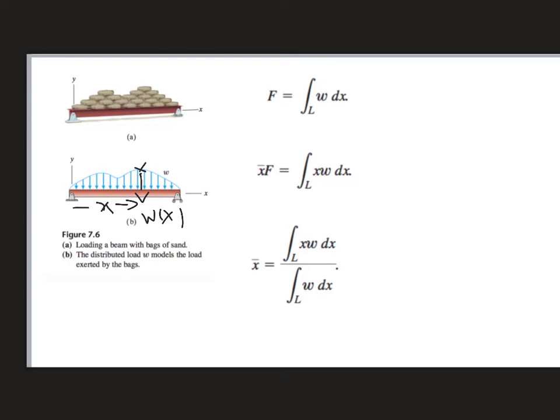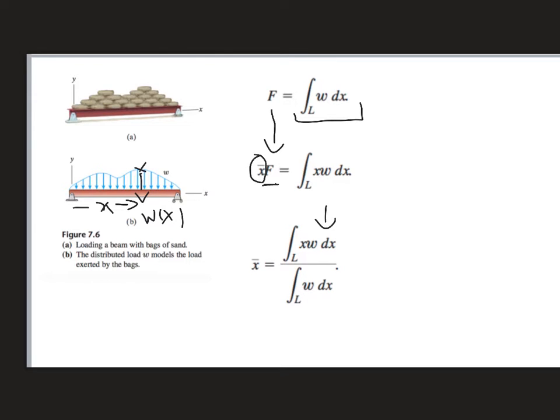That distance x bar times F has to give you the same value as the integral that we just calculated for the total moment of all the sandbags. And so we know that this F here is equal to this integral of w dx. So if I plug that in for that F and then solve for x bar, I end up with this expression down below. And that's an expression for x bar.